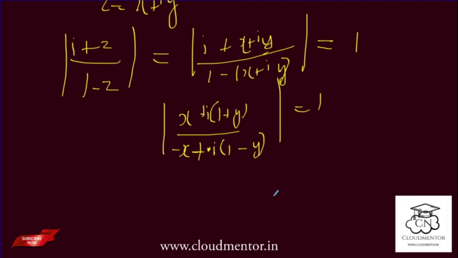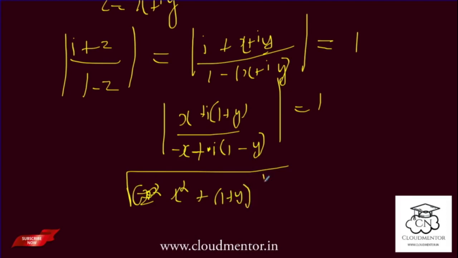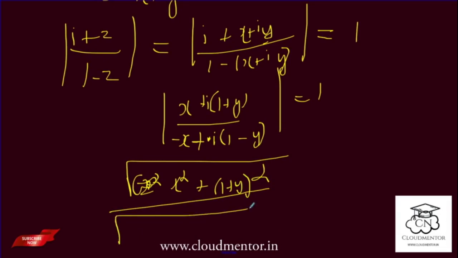And now taking the modulus, we get root of x square plus 1 plus y the whole square, divided by root of minus x the whole square plus 1 minus y the whole square.